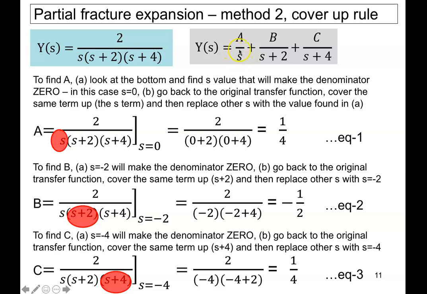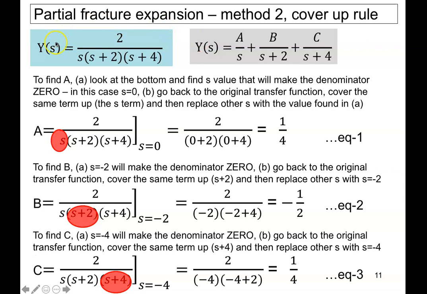And what value of s will make the denominator term 0? In this case, if I set s to 0, 1 over s will become 1 over 0. So s equal to 0 will make that denominator term 0. So find what's in the denominator, and find the s value that will make that term 0.